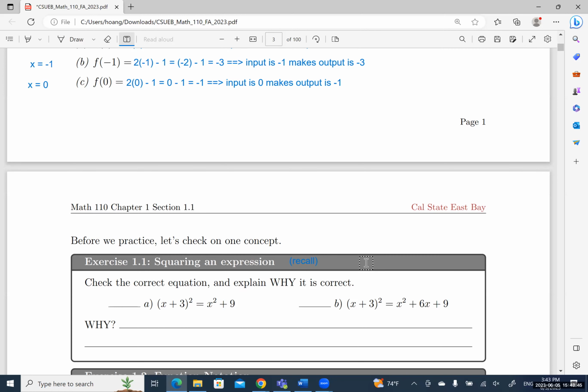Go ahead and think about exercise 1.1 over here, and think about if you do x plus 3 squared, is that going to be equal to x squared plus 9, or is x plus 3 squared going to be equal to x squared plus 6x plus 9?